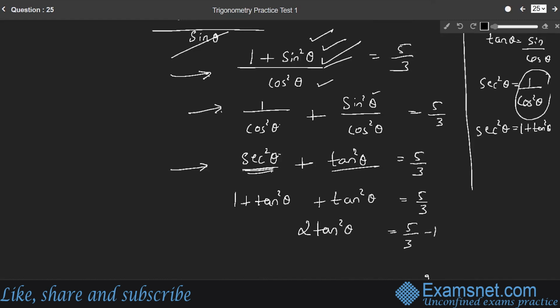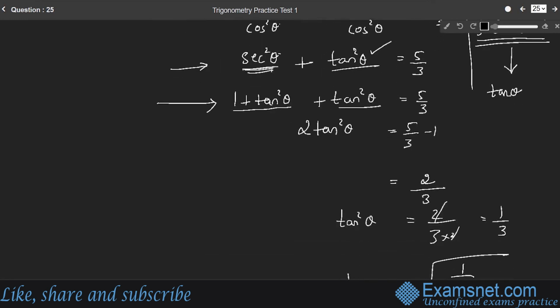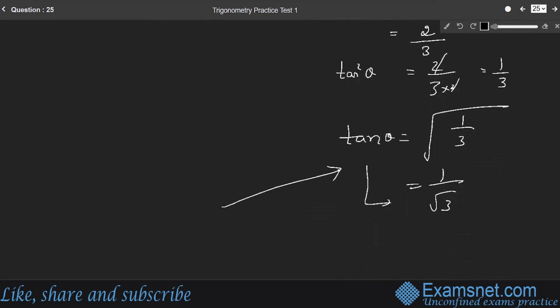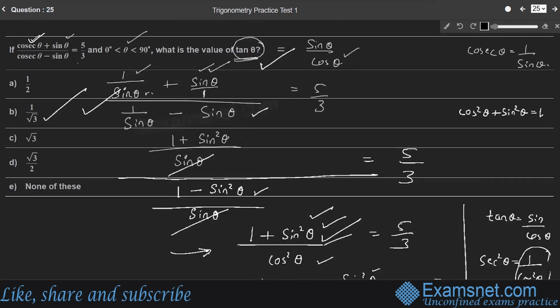Because secant square theta can easily be expressed in terms of tan theta. At the end, we need the expression in terms of tan, we need the value of tan. Therefore, we are expressing secant square theta in terms of tan square theta. So which is 1 plus tan square theta plus the second term, tan square theta itself, is equal to the RHS part, right? So after simplification, we have got the answer for tan theta, which is 1 by root 3. Therefore, option B is the right answer.